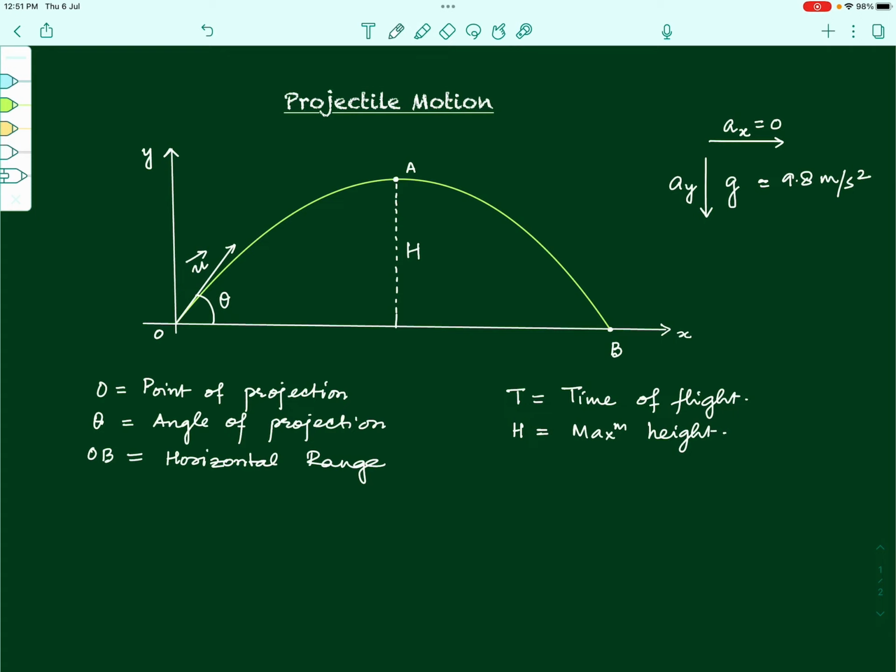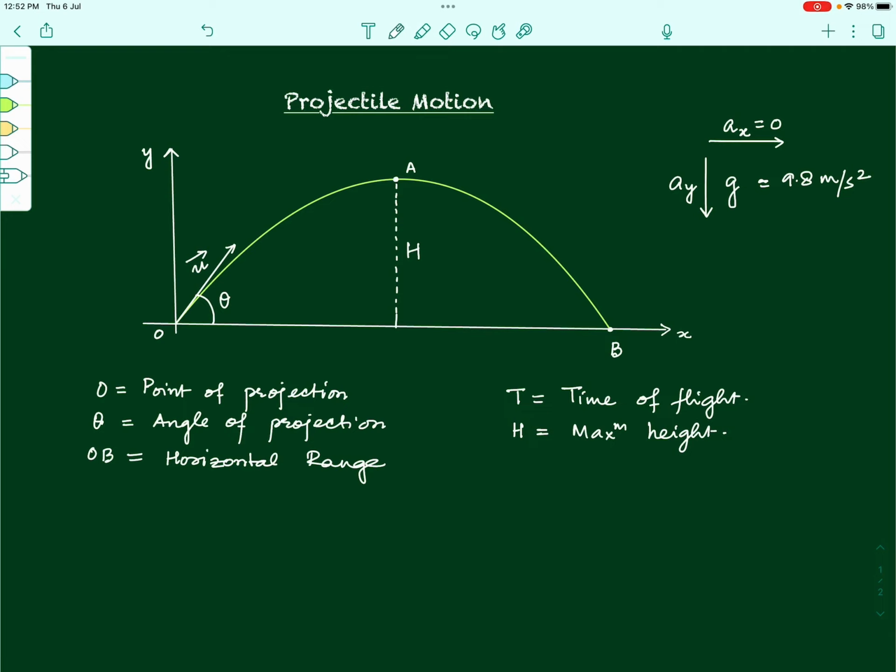Fine. So, to study a projectile motion, what we do is we split the motion of a projectile along two mutually perpendicular directions, the x and the y axis. We have seen in the previous video that when a body moves in a plane, its x and y directional motions can be split along the x and y axes separately, and these two motions are independent of each other. So, the same thing we are going to do here also.